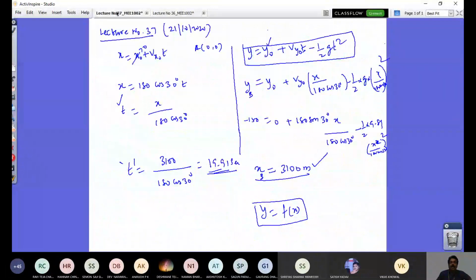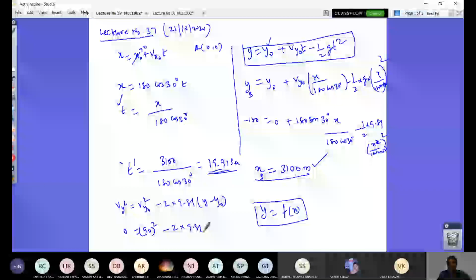So let me use the fourth equation of motion, that is Vy square equals Vy naught square minus 2 into 9.81 into (y minus y naught). So Vy is going to be 0 here. So Vy naught is 90 in this case, square, minus 2 into 9.81 into y.